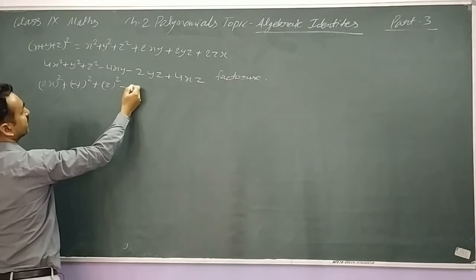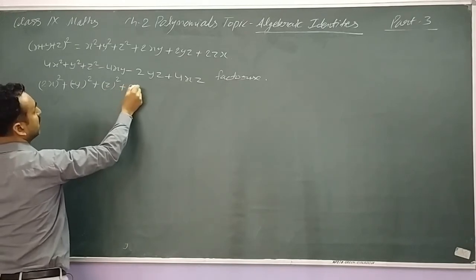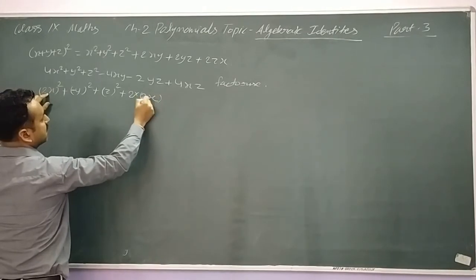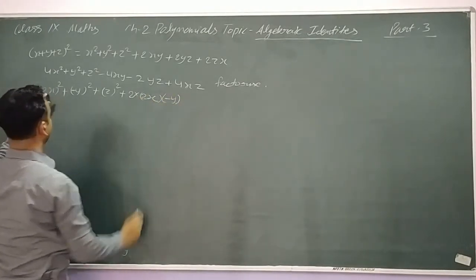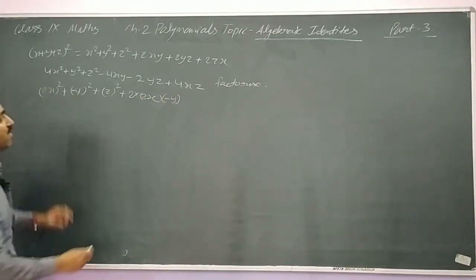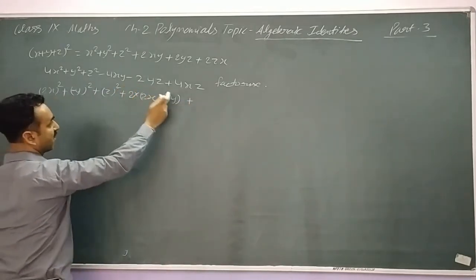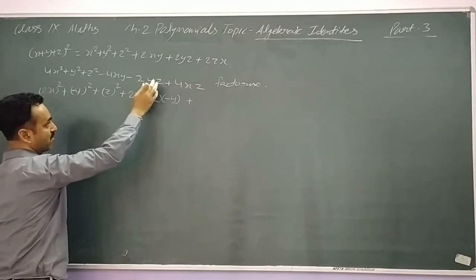So plus 2 into x, which is 2x, and y is minus y. Again minus 2yz: because y is negative, it becomes negative.